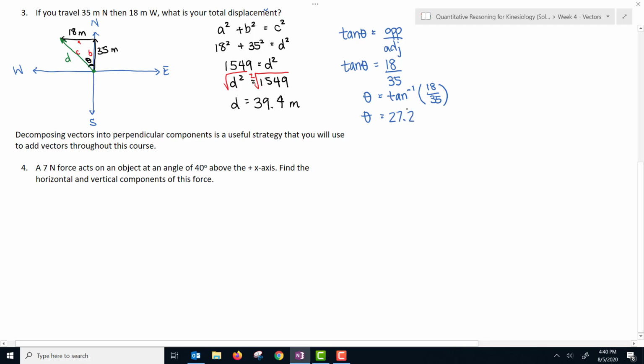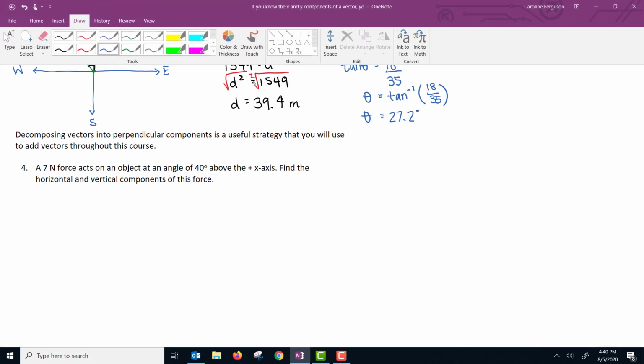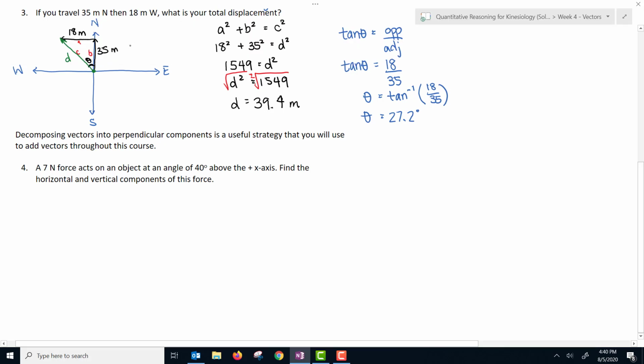I'm going to round it to just 27.2. That's an angle, so it's in degrees. Now my final answer, it asks what's my displacement. So my displacement is the same letter D, but I'm going to put a vector on top of it, a little arrow showing that I'm going to give both the magnitude, 39.4 meters, and the direction.